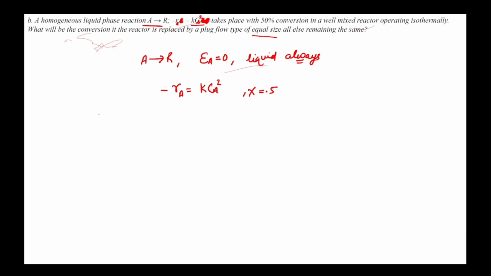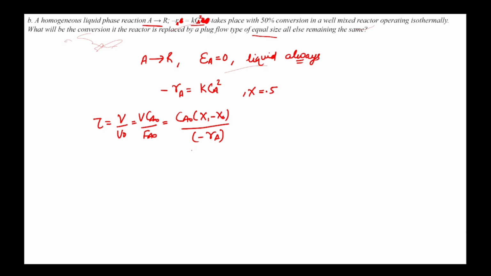So applying the performance equation of CSTR, tau is equal to V by V naught, which is V CA naught upon FA naught, is equal to CA naught (x1 minus x naught) upon -rA.